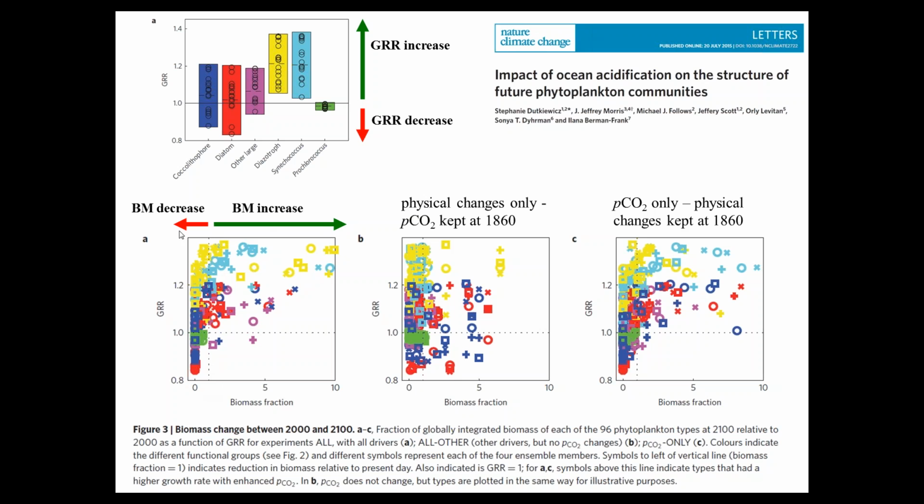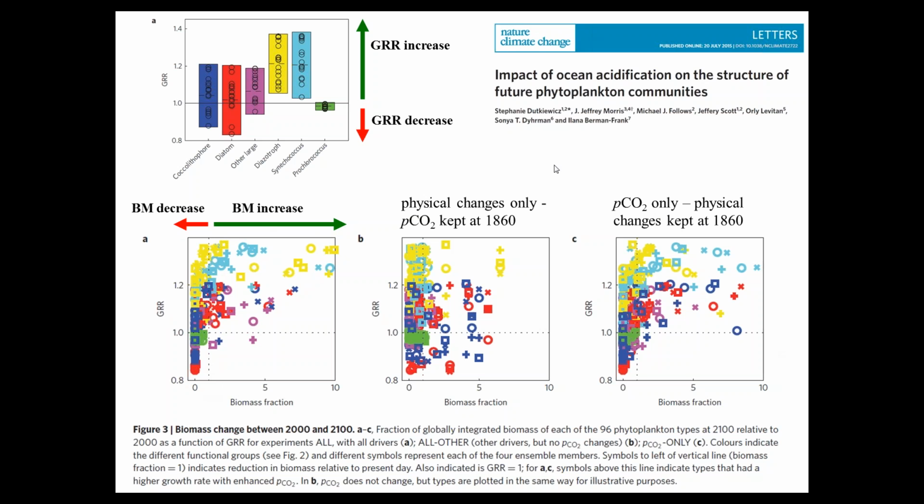Now, if you compare the scenario run with all drivers, physical and CO2, to one that only includes the physical change and one that only includes the CO2, they found that for some of these, the main driver might actually be CO2 rather than any of these other parameters.